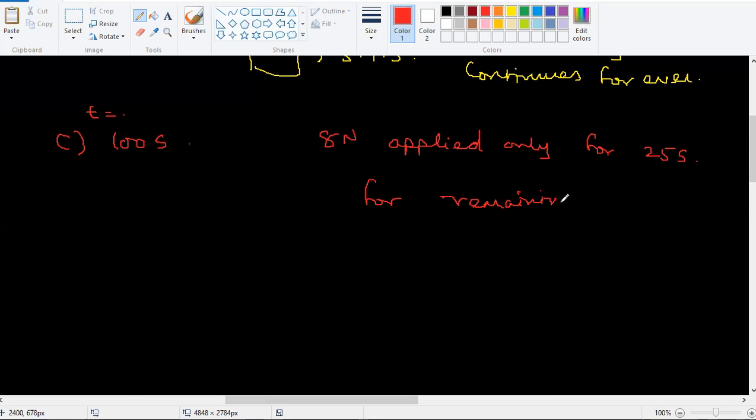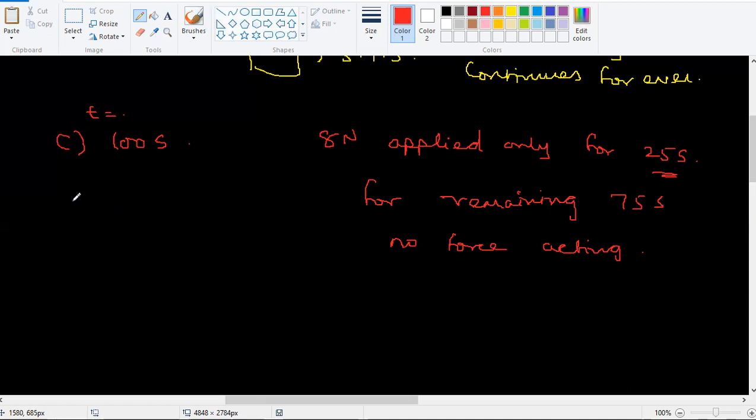This is where you folks will make mistakes, so make sure you are taking down the notes properly. For the remaining 75 seconds, no force was acting. So that means at the end of 25 seconds, what was the velocity? That velocity is going to continue here.